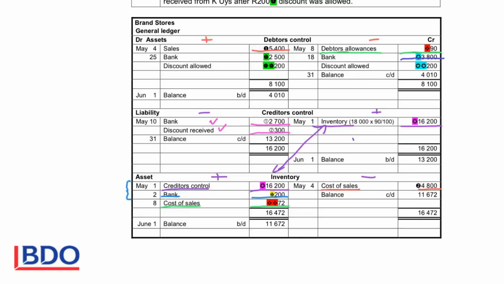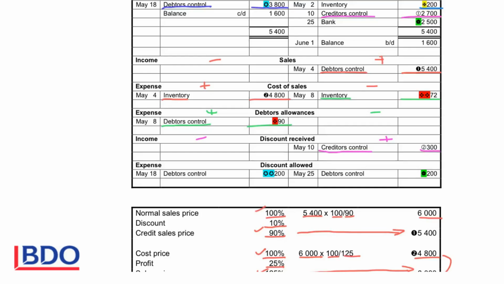We also have to credit the debtor with the discount, because his account will decrease with the money received and with the discount of 200, so we want to reduce his account with 4,000 Rand. And we will debit discount allowed with 200 Rand.